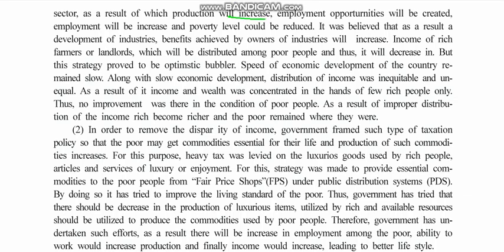They wanted this green revolution, meaning revolution in the agriculture sector. Employment opportunities will be created, employment will increase and poverty will go down. This is simple. If employment increases, poverty will go down on its own.